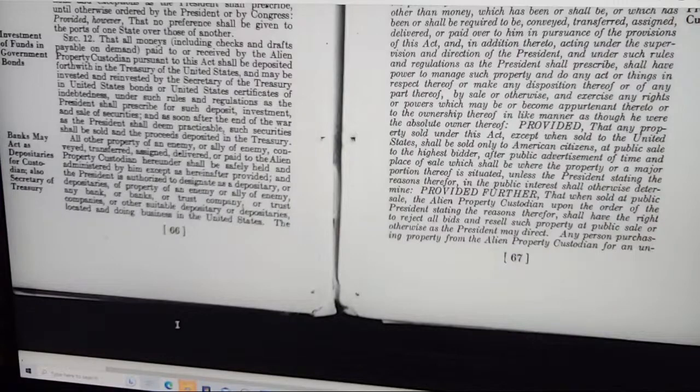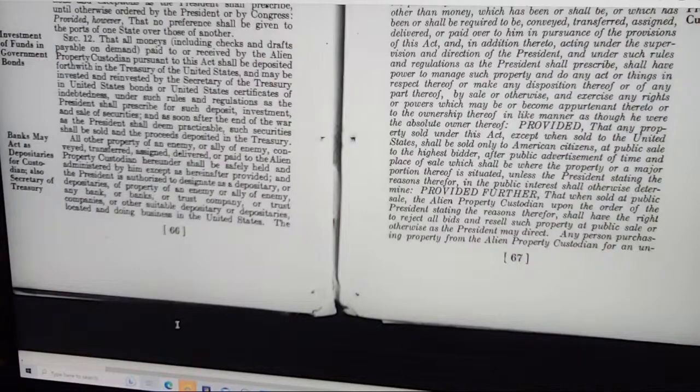Provided further that when sold at the public sale, the alien property custodian, upon the order of the President stating the reasons therefor, shall have the right to reject all bids and resell such property at public sale or otherwise as the President may direct.